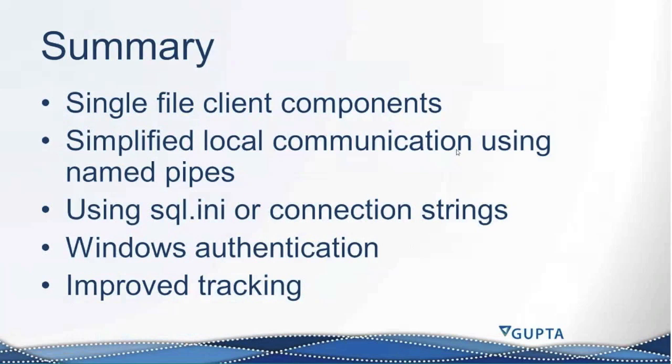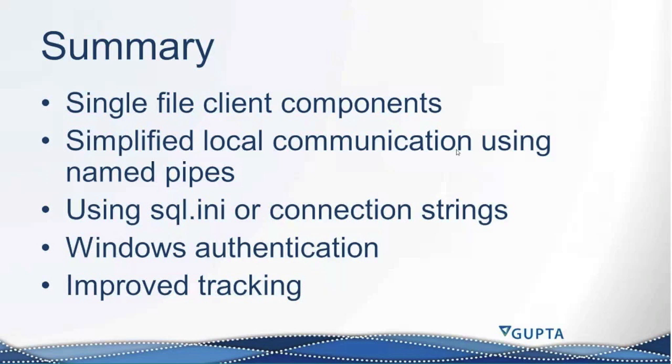So in summary, I just wanted to show you that we have single file client components, and this makes it easier and less costly to deploy out in the field. If you examine the version number of a client DLL, you know that it's self-contained, it's got everything you need, and no mismatching of one version of one file with another version of a different file. We have simplified local communication using named pipes.